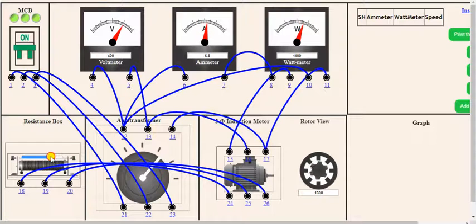Again increase the rotor resistance, then look at the ammeter reading, wattmeter reading and RPM. RPM decreases to 1300, and the wattmeter becomes 1100 watts. At the last optimum value of resistance the speed becomes 1250. So when we apply rotor resistance, speed is decreasing.